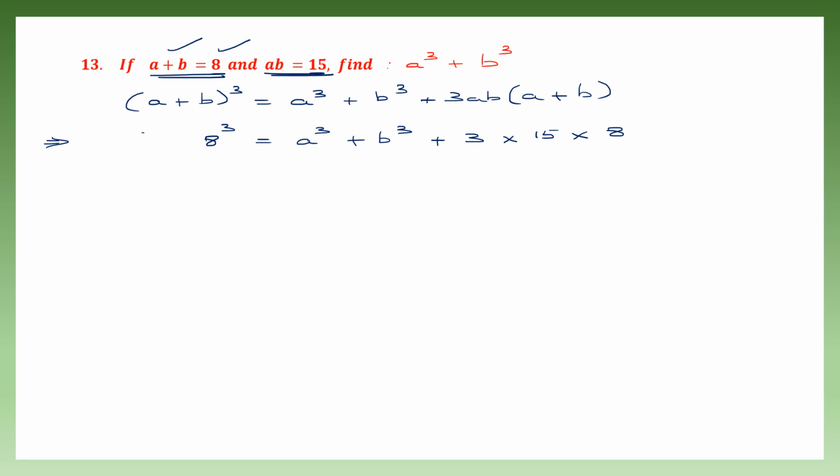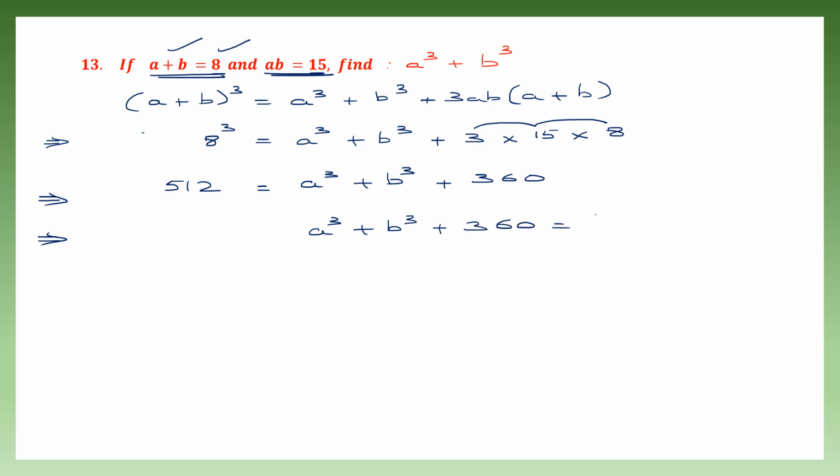Now let's simplify. So here what do we have? 8 cube is 512. This is equal to a cube plus b cube plus. Now let's multiply all these. 15 threes are 45. 45 into 8, that is 360. So now to find the value of a cube plus b cube, first let's put it in this form.